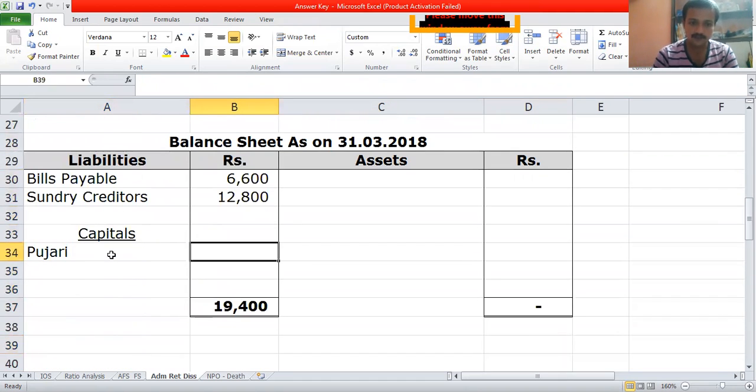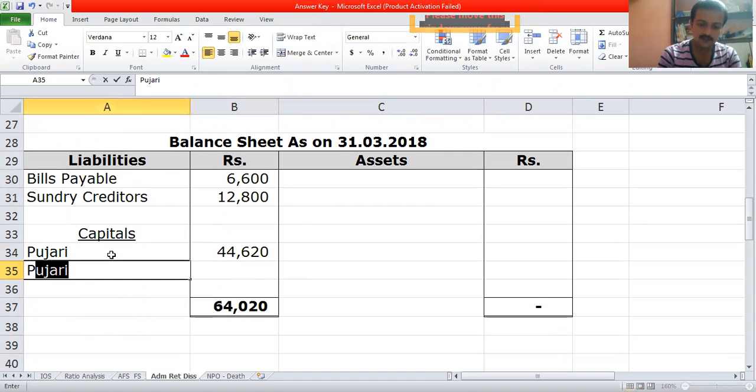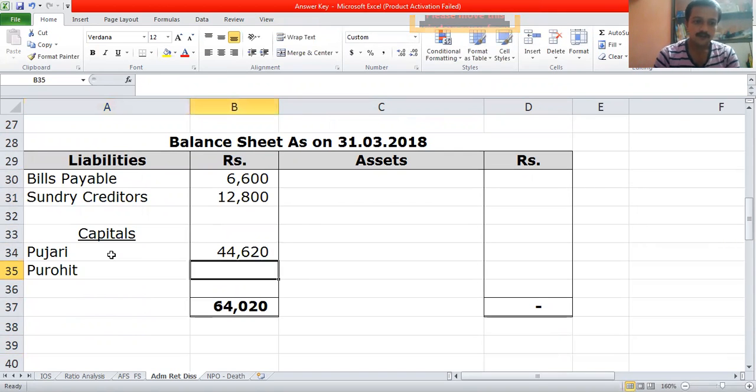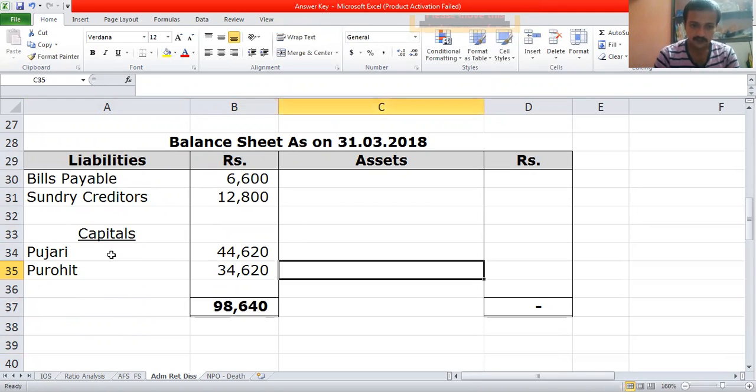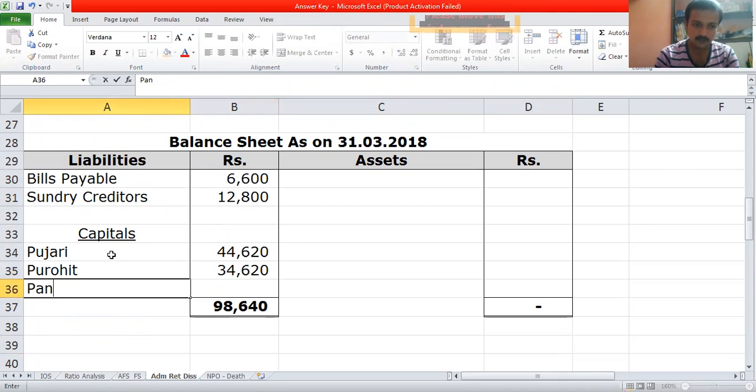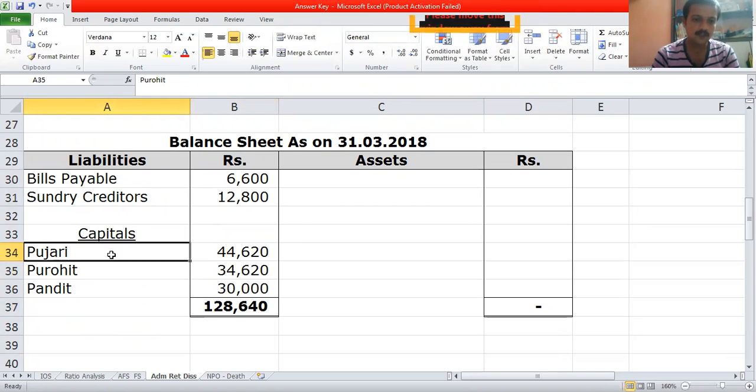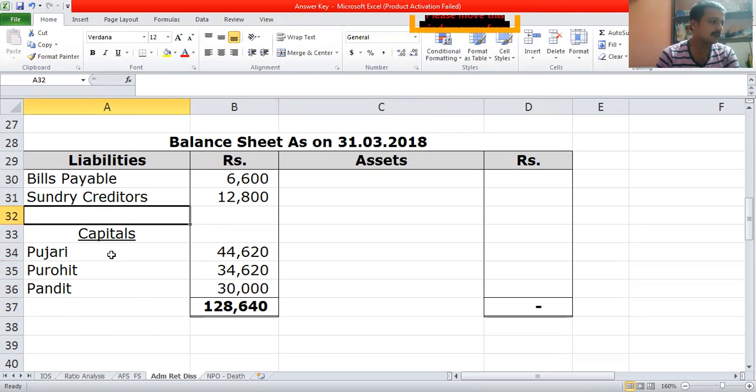The first one is 44,620. And next is Purohit, 34,620, right? Yes, sir, 34,620. And the last one is Mr. Pandit. It is 30,000.